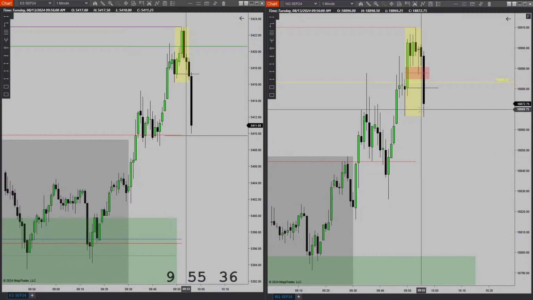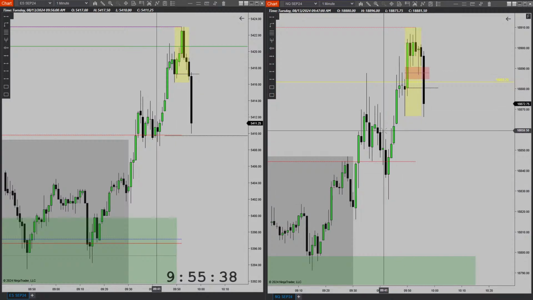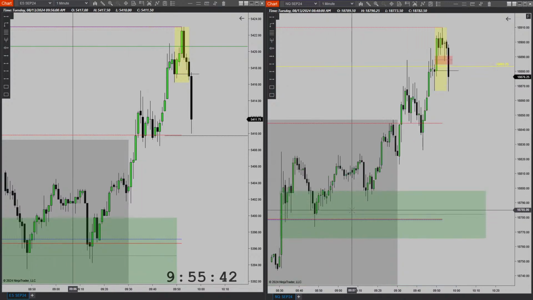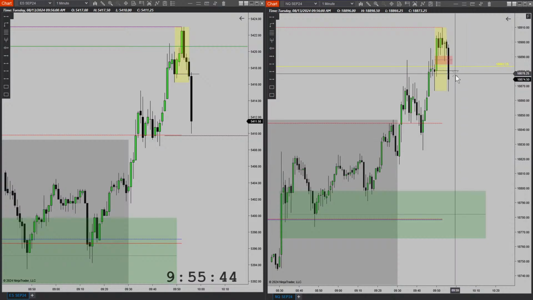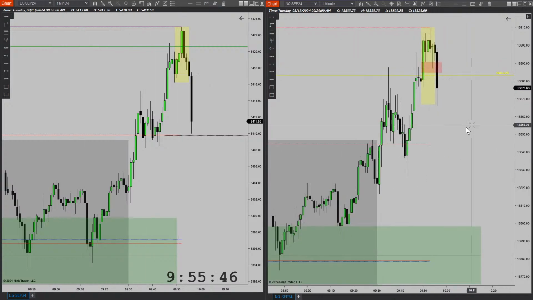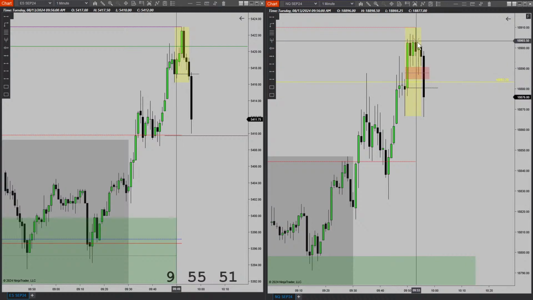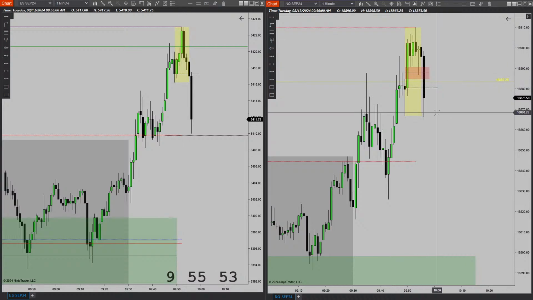All right, so we do have displacement lower now. I want price to hunt these lows here, here, and eventually down here. So if I'm right, then I'll be looking to take stops down here. I would like to add, if this is in fact the high of the range.